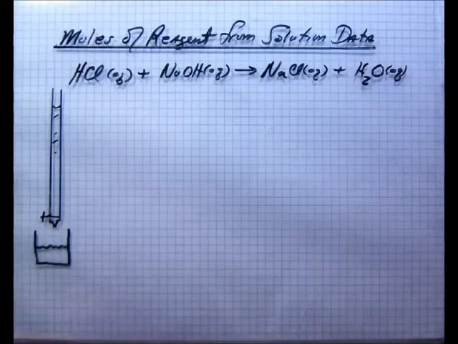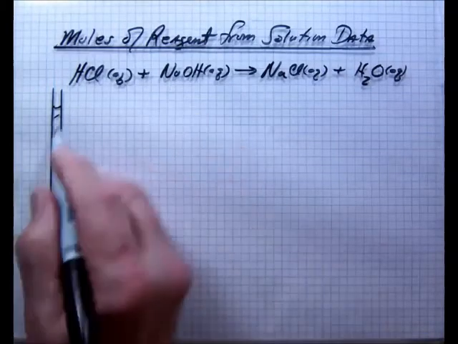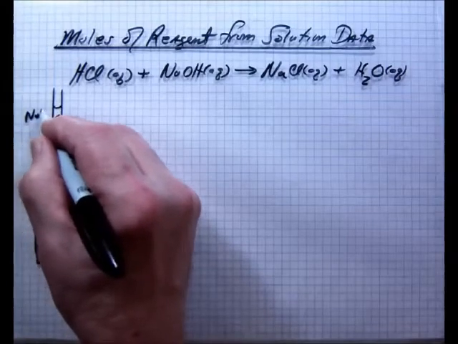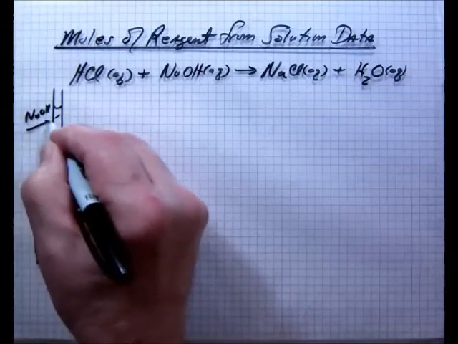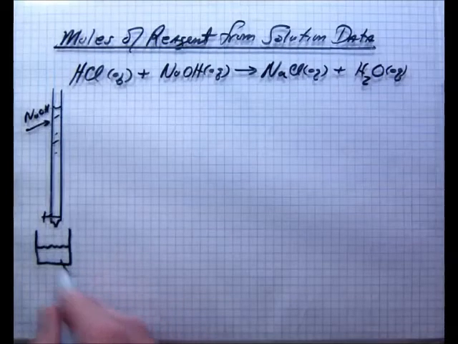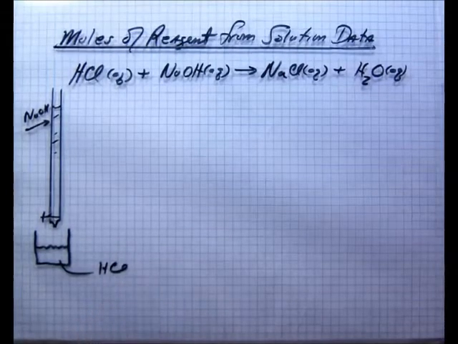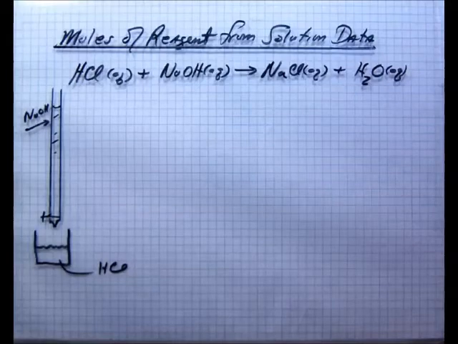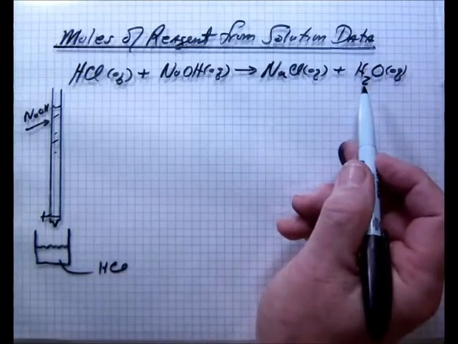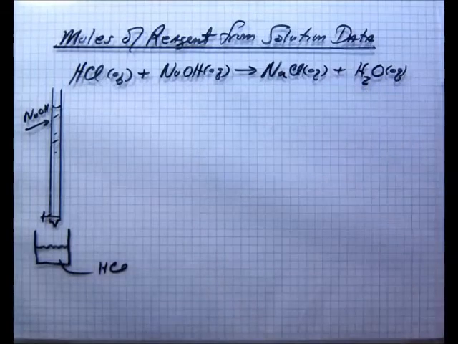Well, as I've got this set up, the sodium hydroxide is in the burette. And in the beaker, I've got hydrochloric acid. When I mix them together, we're going to make salt and water.